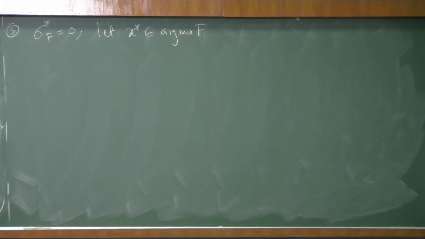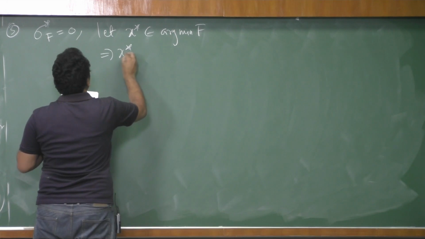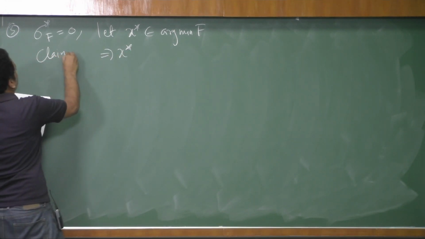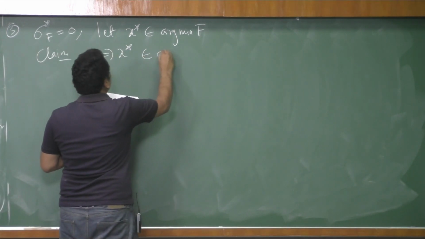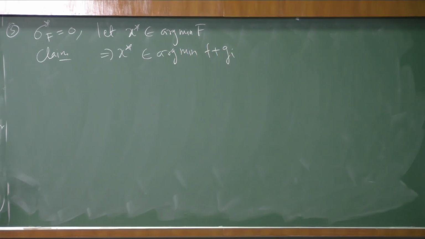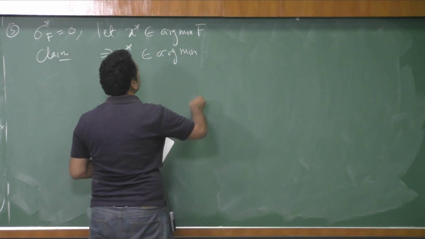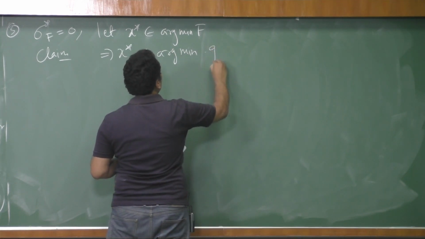So the claim is that x* is in argmin of g plus f_i. Sorry, f is the sum of f_i, right? We have not said anything about g, so g plus f_i, let us say.